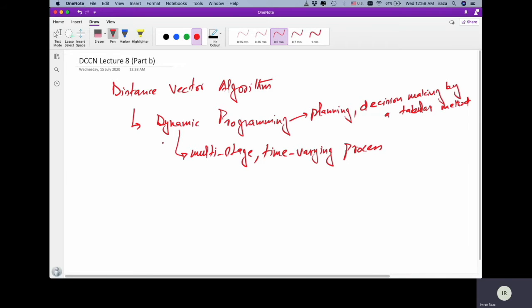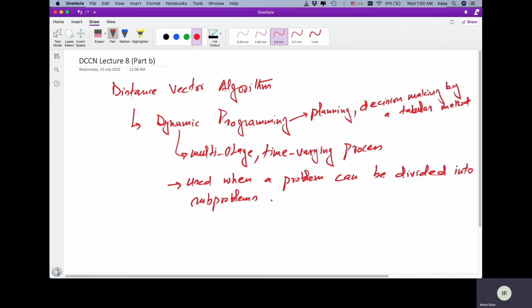We use dynamic programming when a problem can be divided into overlapping subproblems.